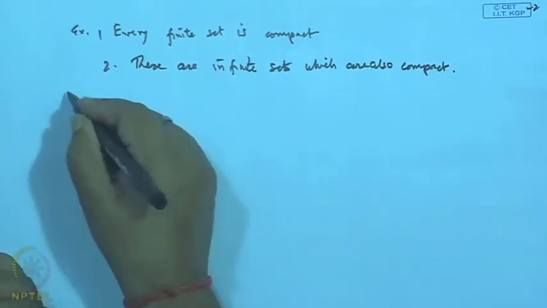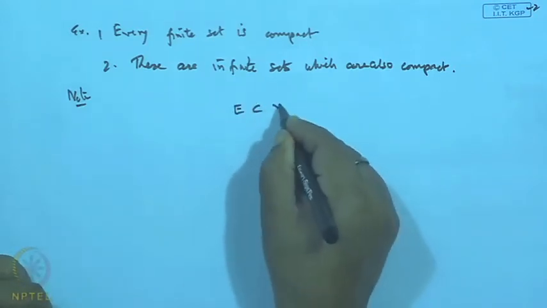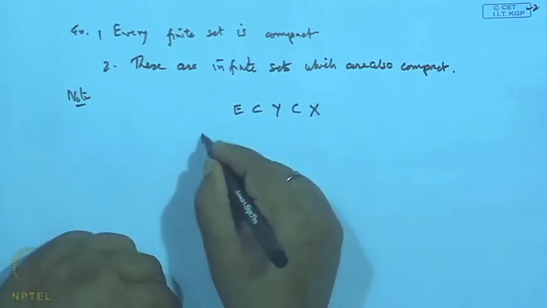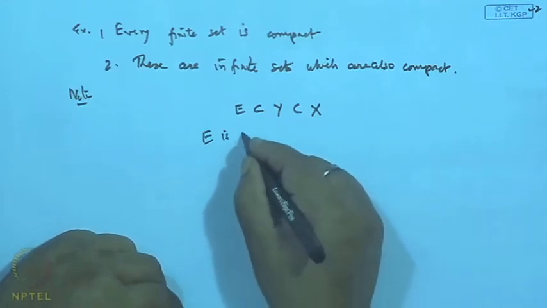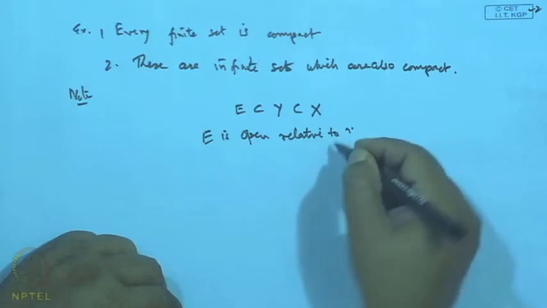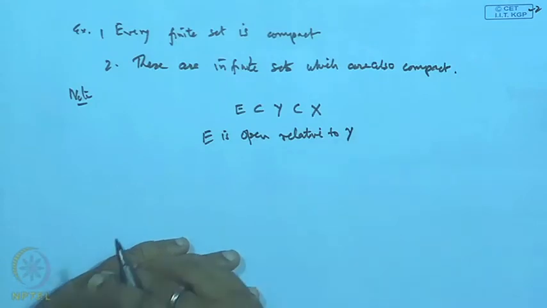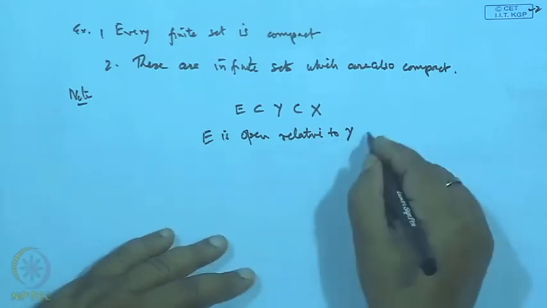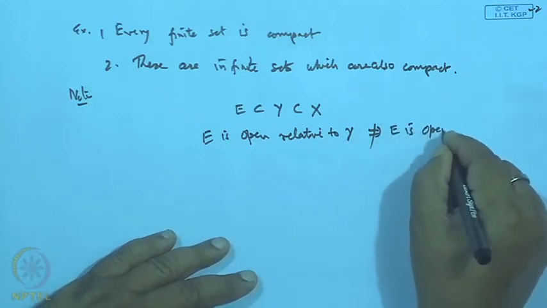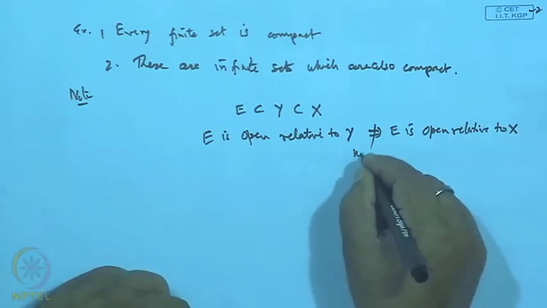Now, one thing we get: suppose E is a subset of Y which is a subset of X, and E is open relative to Y. That does not imply that E is open relative to X, not necessarily.